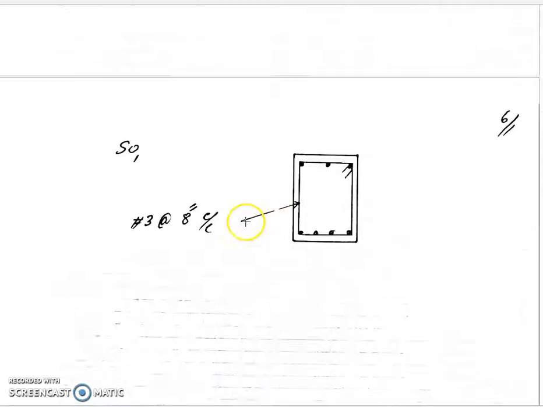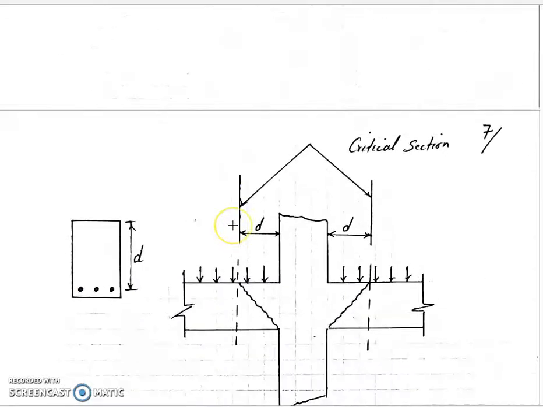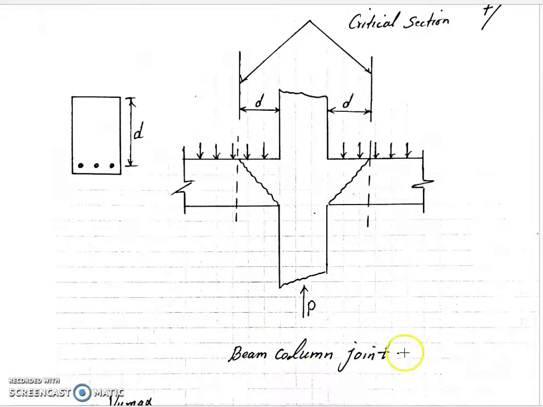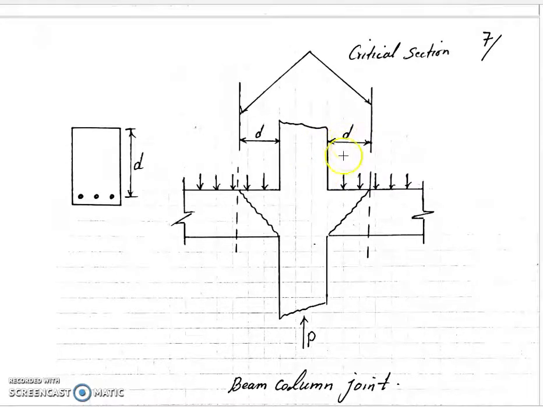Just one thing to keep in mind, it's off the subject, but I just want to mention it. So this is a beam column joint or beam support. So normally the shear crack occurs like this. It's for beams and slabs, normally 45 degrees. So based on experience, this area is d away from the face of the column or from the support. These two are our critical sections.